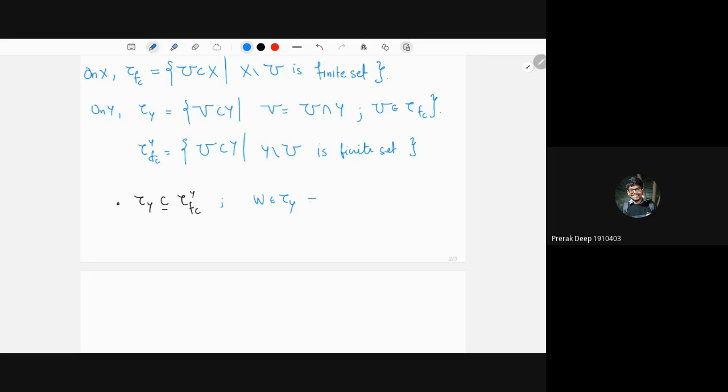Now because it's a subspace topology, there has to be some open set in X, in tau FC, such that W can be written as U intersection Y for U in tau FC.